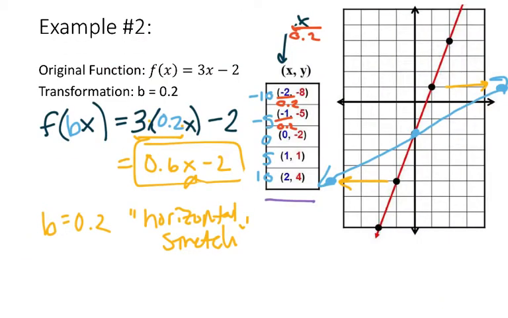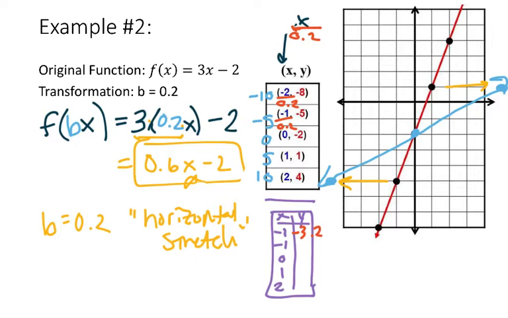So the other way that you could have done this was to keep the table the way it was as your x values, and just plug those x values into your equation and get some new decimals. So let's see, we could have plugged in a negative 2, so negative 2 times 0.6 minus 2 would have gotten negative 3.2.